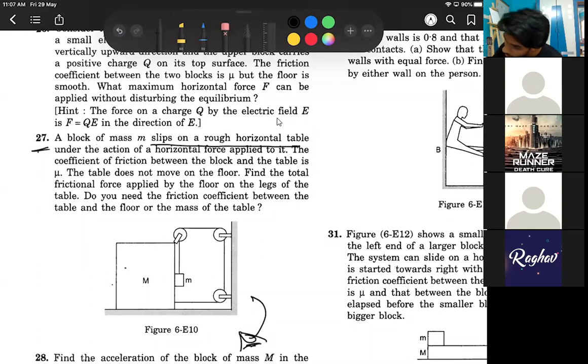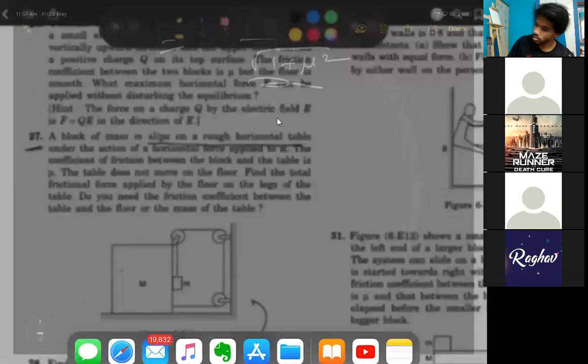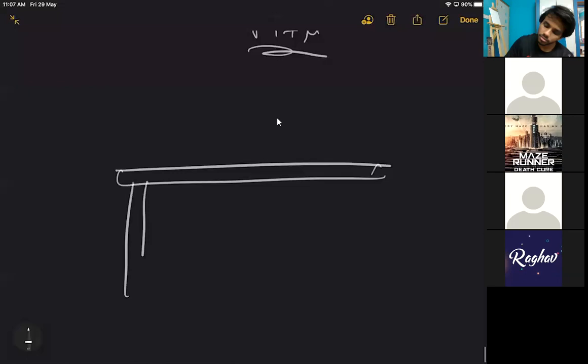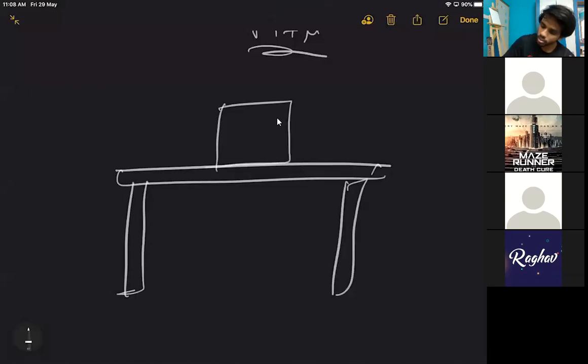A block of mass M slips on a rough horizontal surface under the action of a horizontal force applied to it. The coefficient of friction between the block and the table is mu. The table does not move on the floor. Find the total frictional force applied by the floor on the legs. Oh, this is a beautiful question, guys. Watch this. There's a table. On the table, there is a block. And on the block, there is a force acting on it.